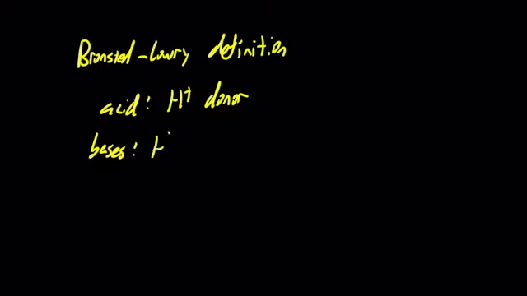So the other definition is known as the Bronsted-Lowry definition, and it's the same format as the Arrhenius definition, except there's a difference. Can you think of an alternative definition for acids and bases under this context? Turns out that the acid would simply be a proton donor, and the base would be the proton acceptor.